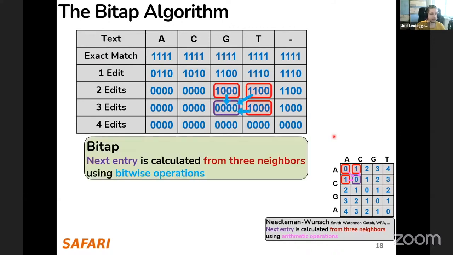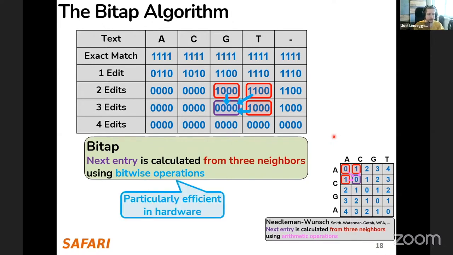Now, this BiTAP algorithm is particularly interesting because although it still needs to take 3 neighbors to compute one new entry in the table, it can do so using only bitwise operations. Of course, you have bit vectors, you use bitwise operations. And it's really interesting to use bitwise operations because these can be particularly efficient in hardware. If you have to design any kind of hardware, you typically start from XOR gates or NOR gates, something like that.